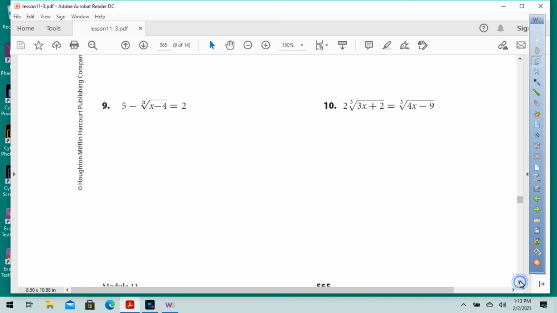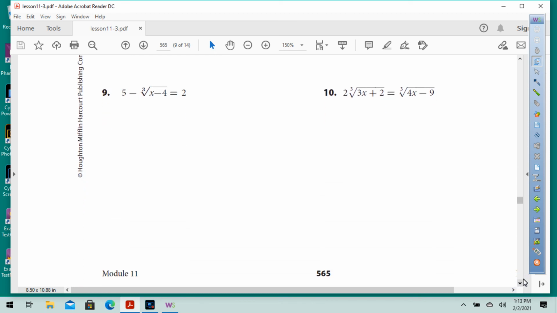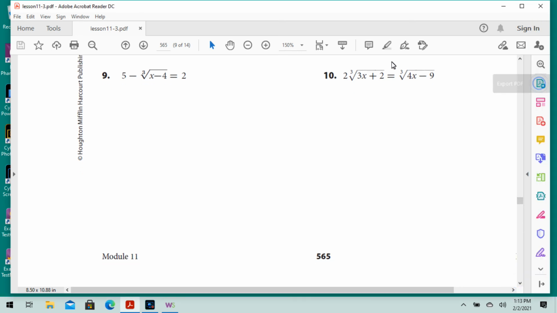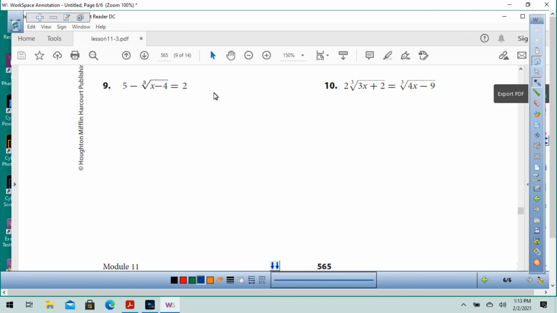Oh, what do we got here? Number 9. Now, what is different about these from the others? Well, it's a cube root, okay? So I'm thinking we need to subtract 5 from both sides, and you got negative cube root of x minus 4 equals negative 3.